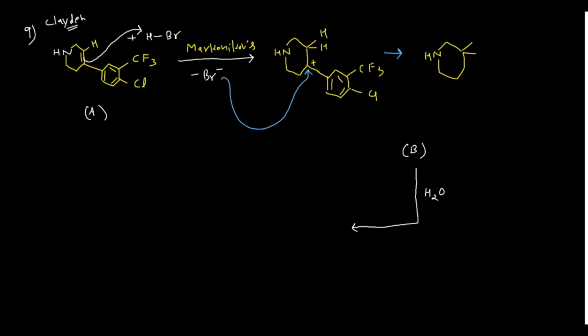Okay, so this is hydrogen again, and this is where the benzene system is not affected, CF3, Cl, and now you are having Br here. Now what you are doing here, you are hydrolyzing this; this is A, this is B, you are hydrolyzing it.